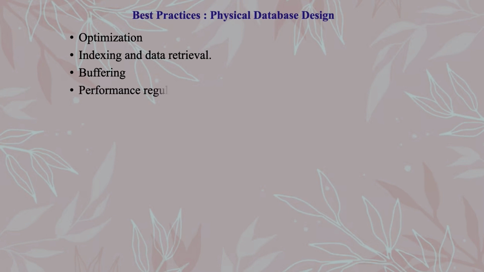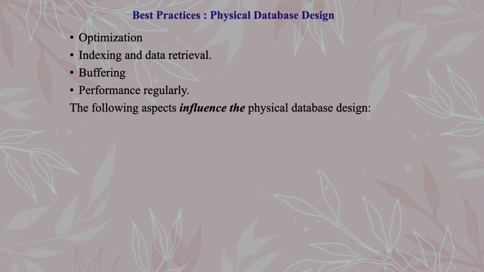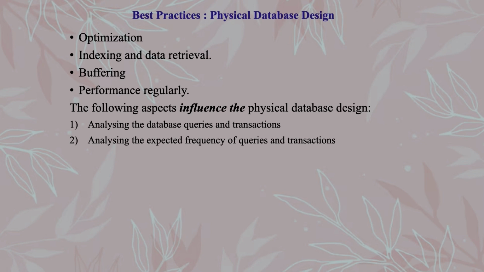For physical database design of the data structures, the following aspects influence it. Analyzing the data set requires the transactions. For each query, we should specify the files that will be accessed, the file attributes, and the attributes whose values are used. Then analyze the expected frequency of queries and transactions, and the time constraints of the queries and transactions.